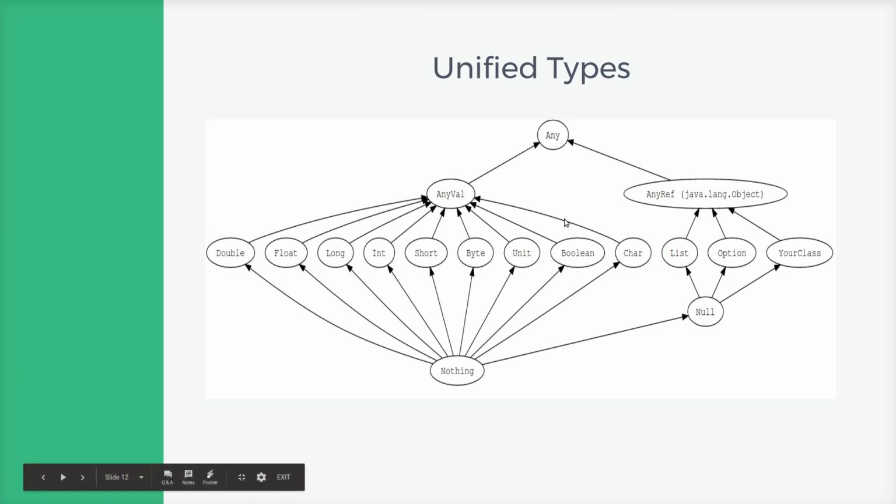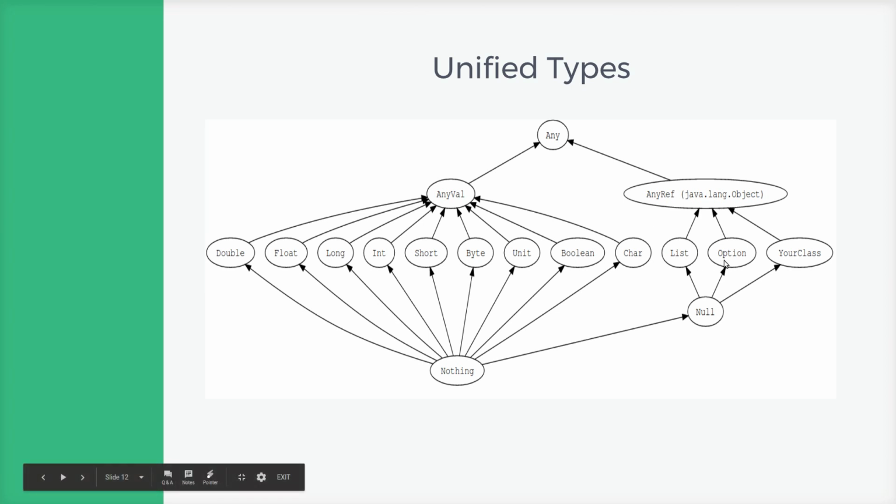And we can see that we have a superclass called AnyRef, from any reference, that can be seen as exactly the same as java.lang.Object in Java, and every class that you write will be subclassing directly or indirectly the AnyRef class.